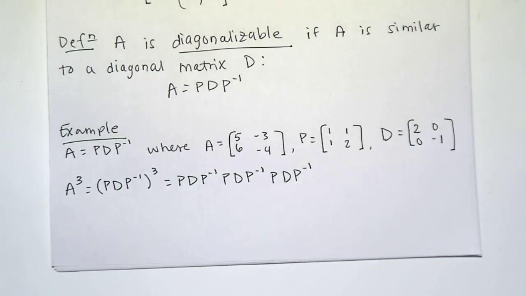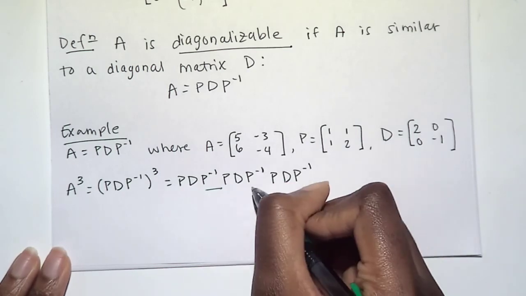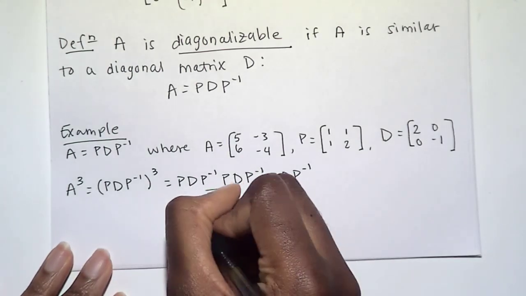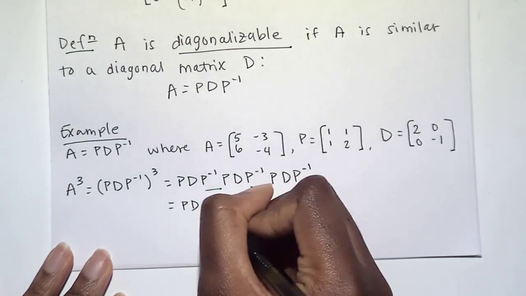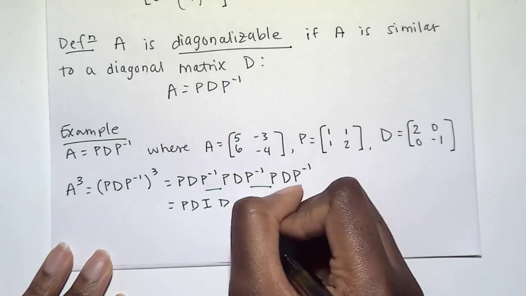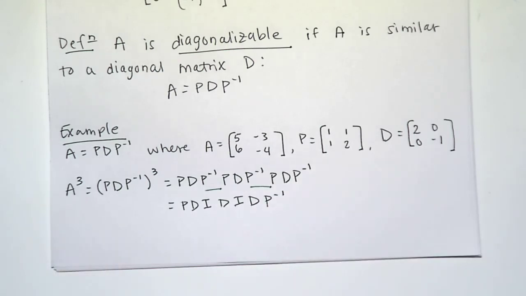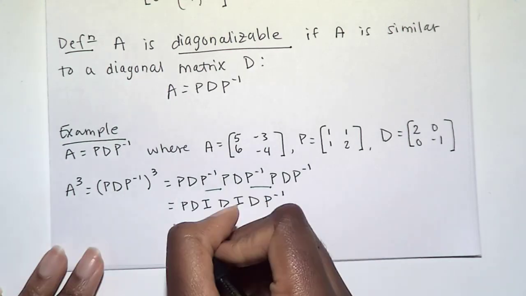When we expand this all out, we should see some nice things happening, some ways to simplify. Notice that the P inverse and the P are next to each other. That's the identity. So really, we have P D identity D identity D P inverse. But we know anything times the identity is just itself, so it's as if those aren't there.